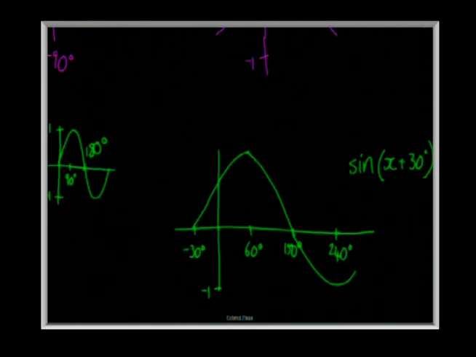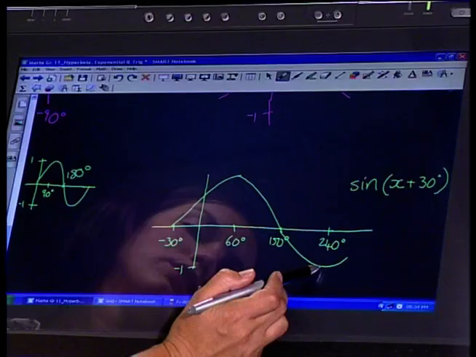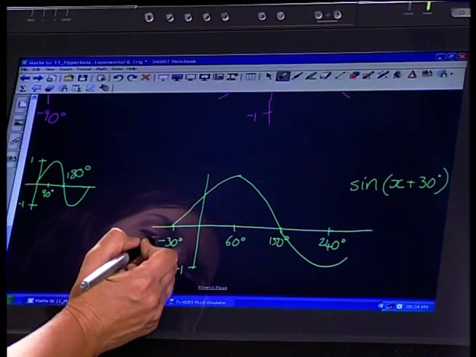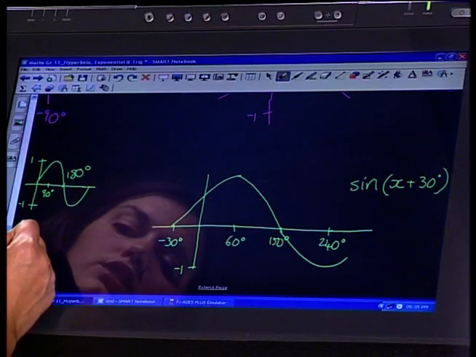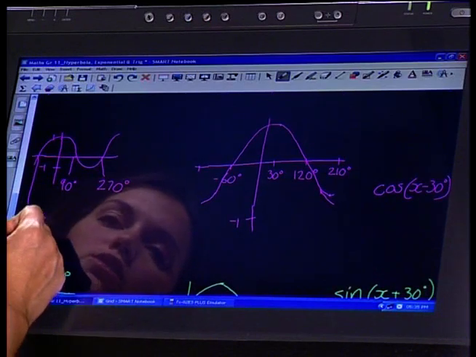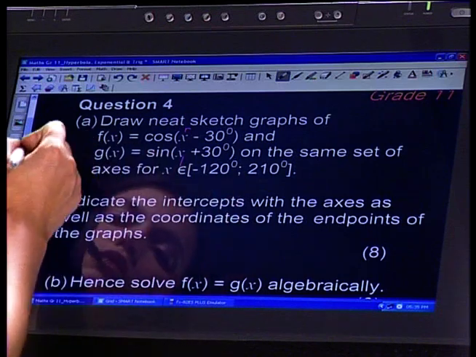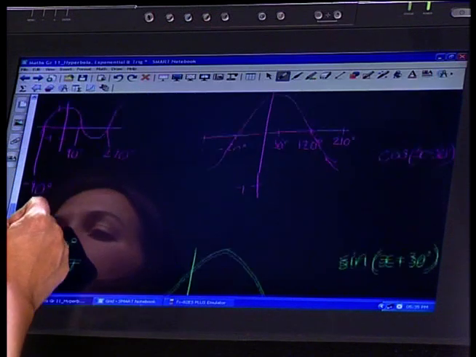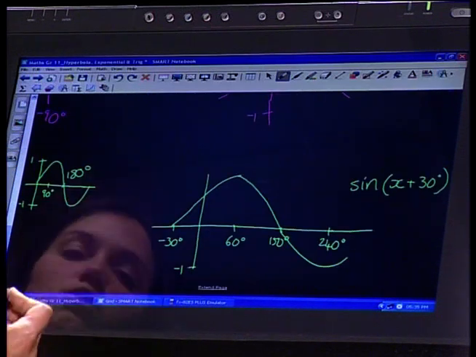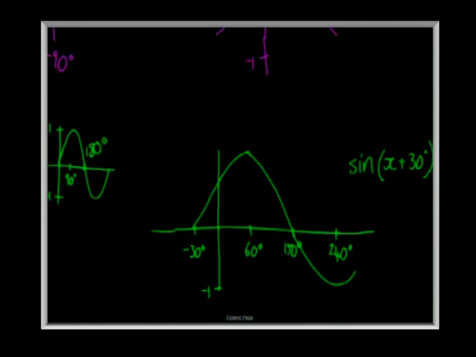No, we don't. But what we do need to remember is that it's not going to end at 1 when we do it. So let's carry on this side. We've only drawn it to -30 degrees, and we need to draw it further all the way to -120 degrees. Lucky for us, that works out quite nicely because that also happens to be the lowest point for this at -1.